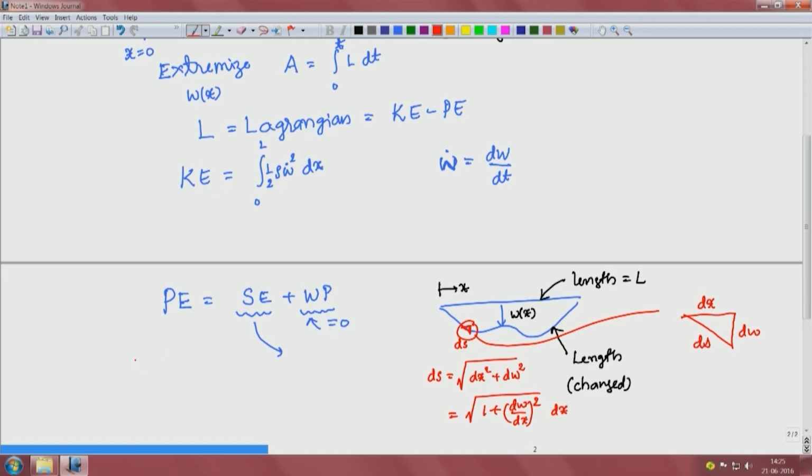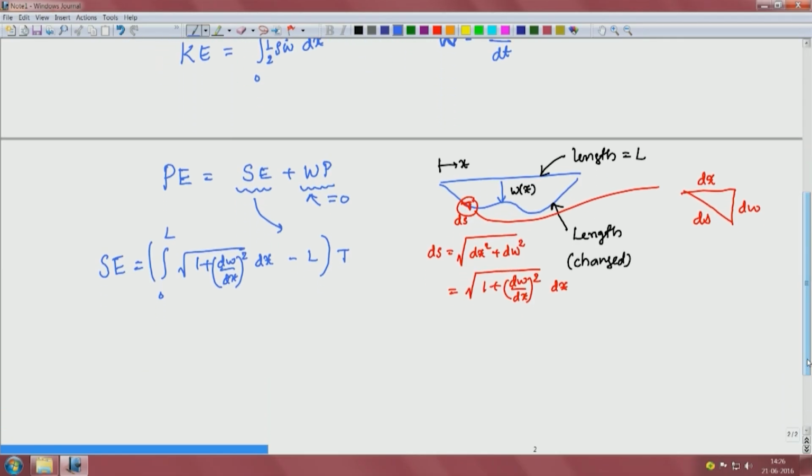So, I can write my strain energy as the integral from 0 to L of the square root of 1 plus dw by dx square dx, minus L, and this whole thing I multiply by my tension T in the string. That would be the internal work, or our strain energy.